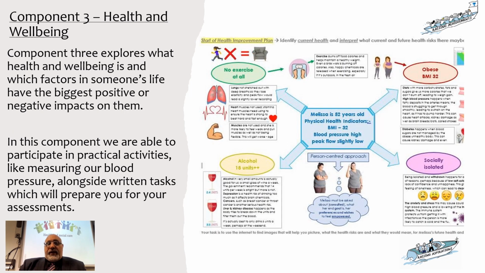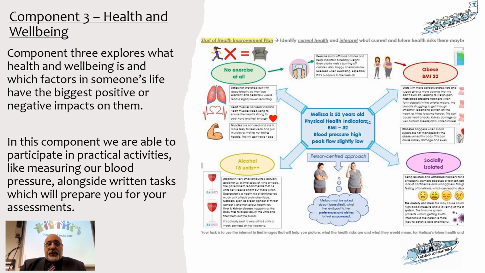So, having looked at the development stages of our life and looked at the services that are provided, in this component we look at the barriers that stop us being healthy and the factors that affect our well-being. To do with health, it can be anything from being diabetic or early onset dementia that affects us being healthy, both physically and mentally.